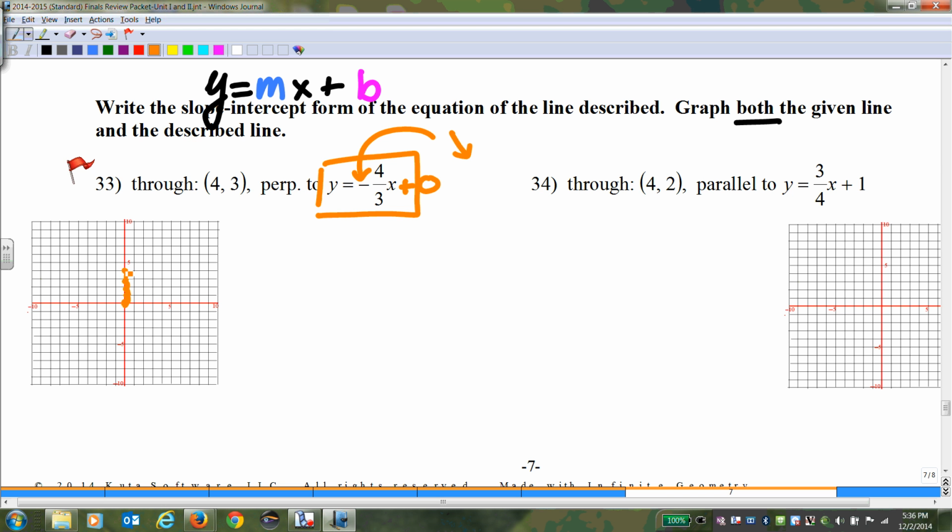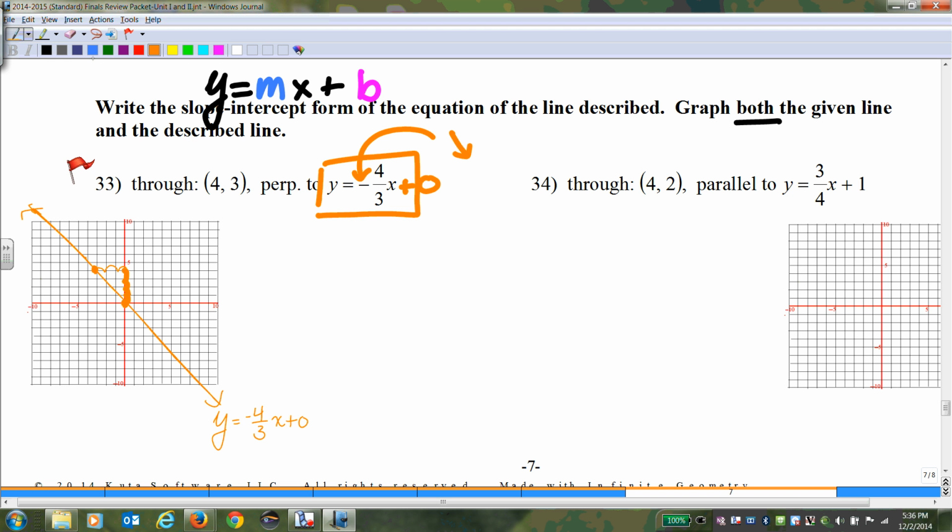I'm going to run 3, but I'm going to the left. 1, 2, 3. So this is my first line right here. This is my given line. This is y equals negative 4 over 3x plus 0.